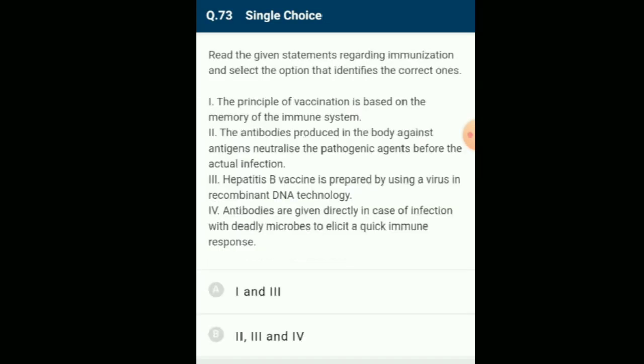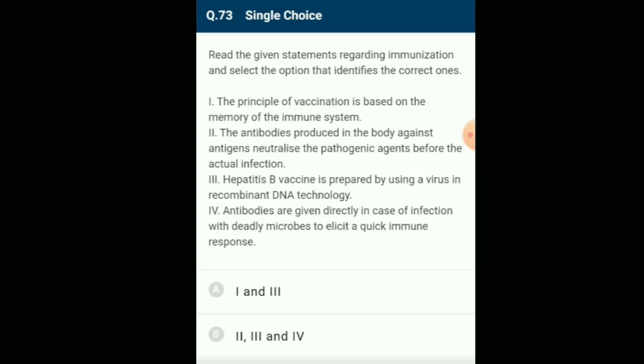Question number 73. Read the given statements regarding immunization and select the option that identifies the correct ones. The antibodies produced in the body against an antigen neutralize the pathogenic agent during the initial infection itself and prevent further infection.